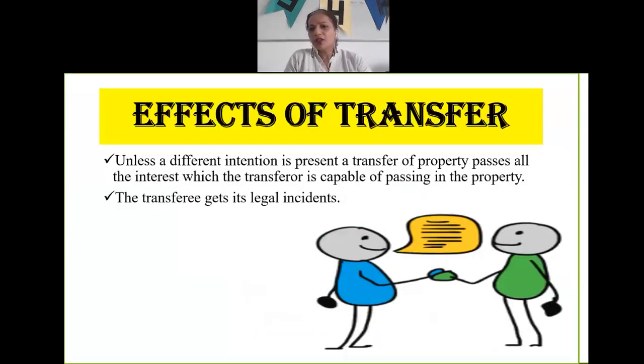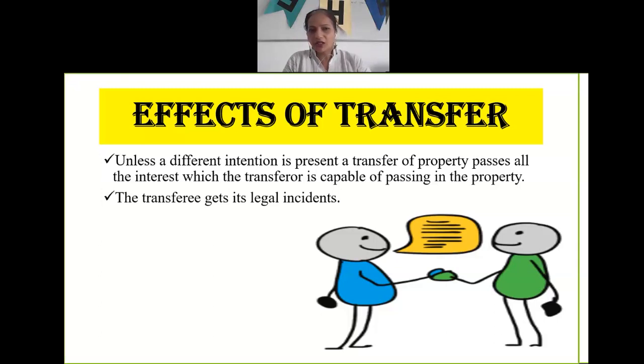Now suppose a transfer takes place, because operation of transfer means what? Whatever property has been transferred from one living person to another living person, while giving or conveying that particular property, certain important essential ingredients must be there.